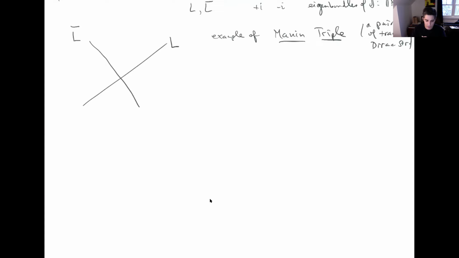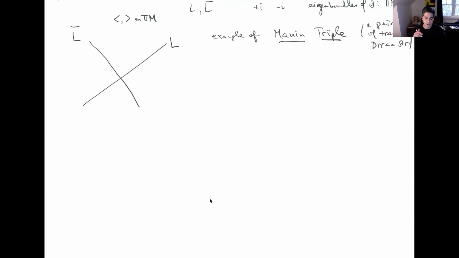Because we have this inner product on T_M, and because L is isotropic, what that means is that when we take the pairing of L bar with L, there's a perfect pairing between L and L bar.